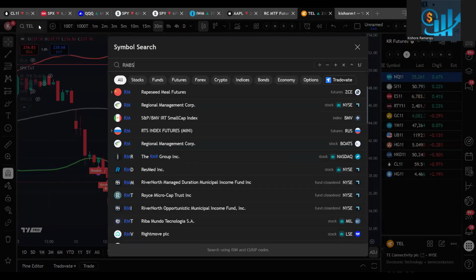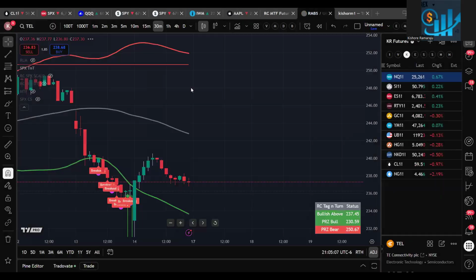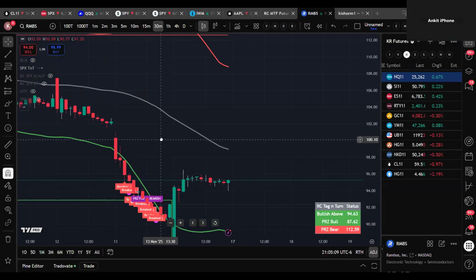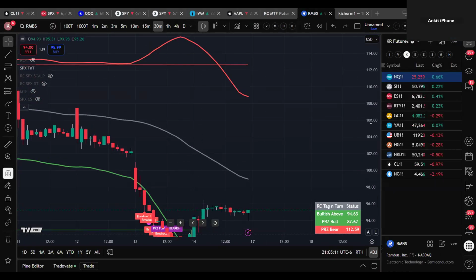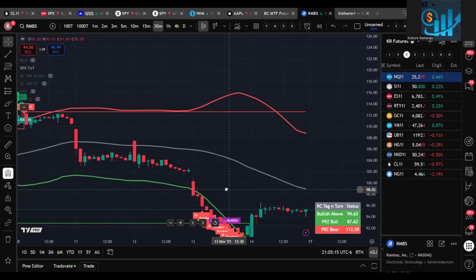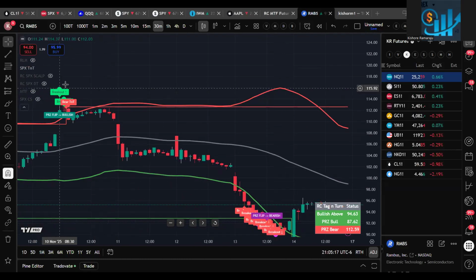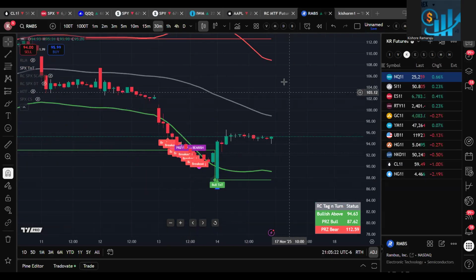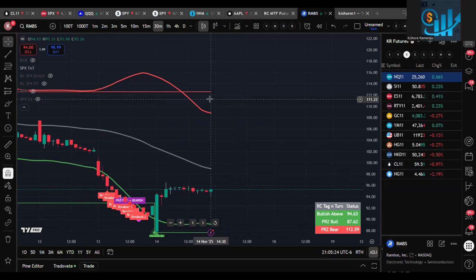But RMBS went all the way up and then down. For TEL we have bull puts for 240, 250. It went all the way to $115, and then we got a bearish tag and turn. Now again we got a bullish.